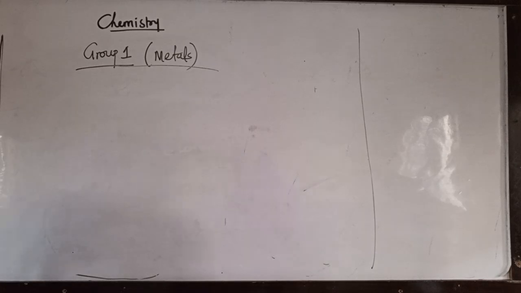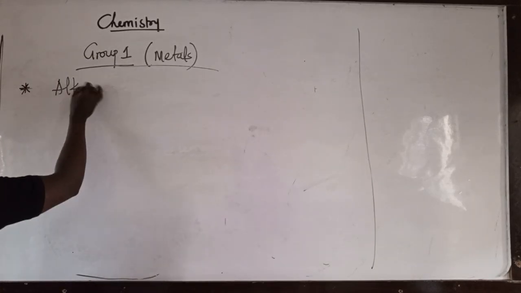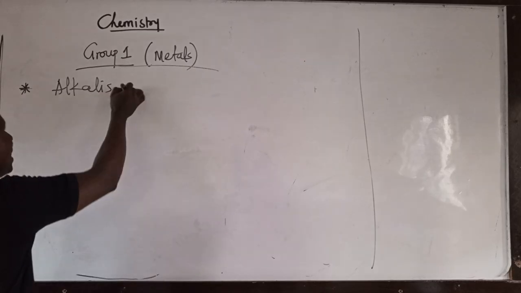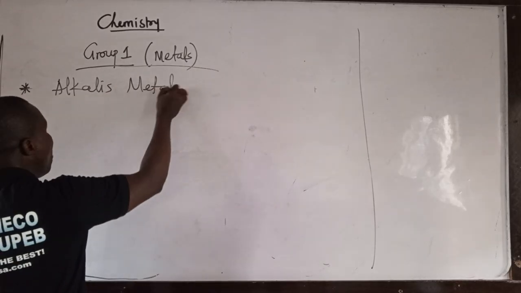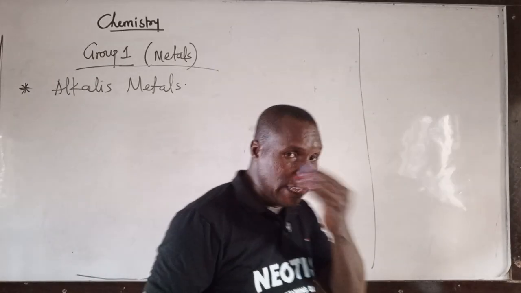These group 1 metals are called, write it down, alkali metals.